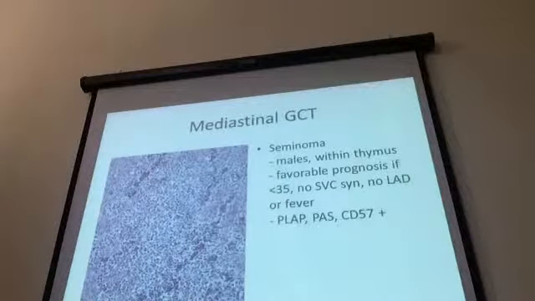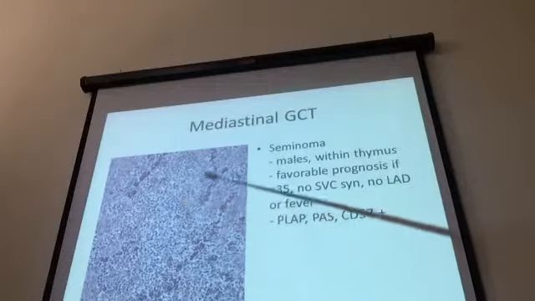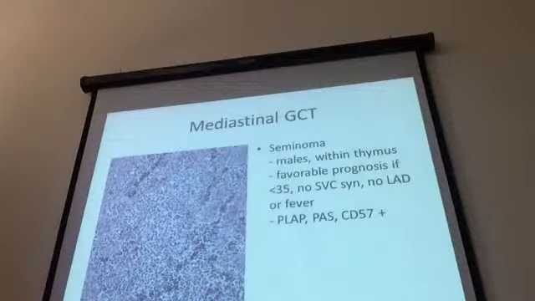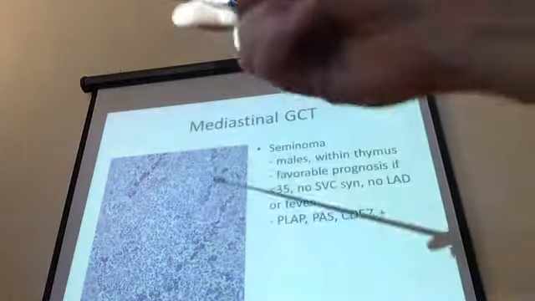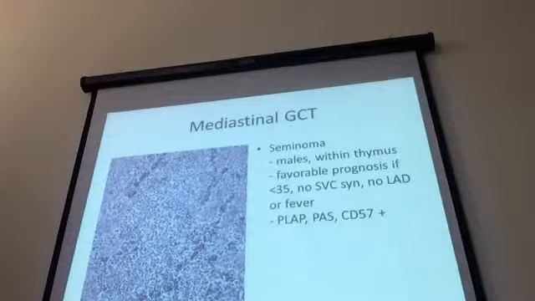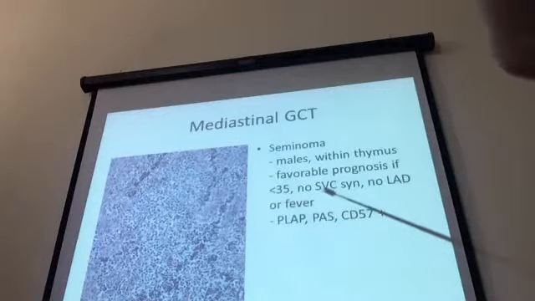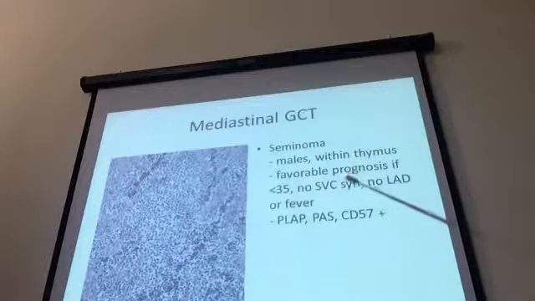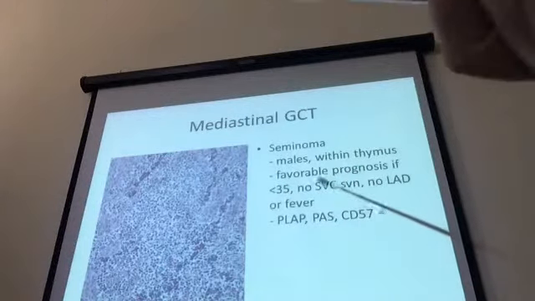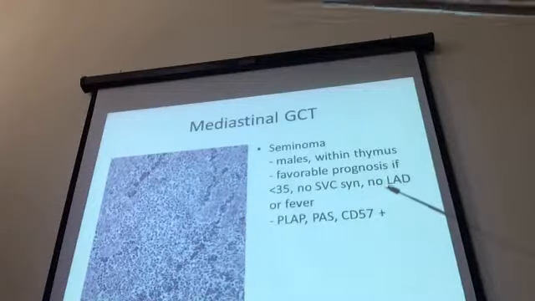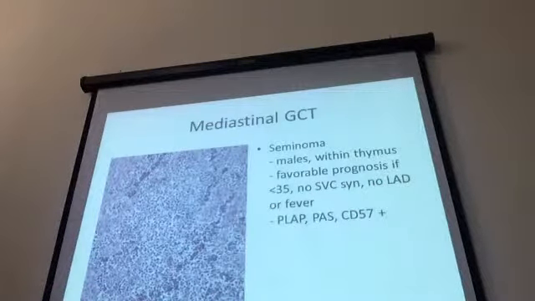Seminoma: very easy to recognize the cells, clear cytoplasm, interspersed lymphocytes, usually males and involving the thymus, and these patients can do very well, particularly if they're younger, they don't have involvement of the superior vena cava, no lymphadenopathy or fever.